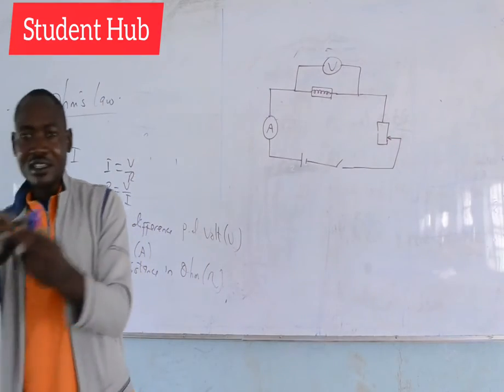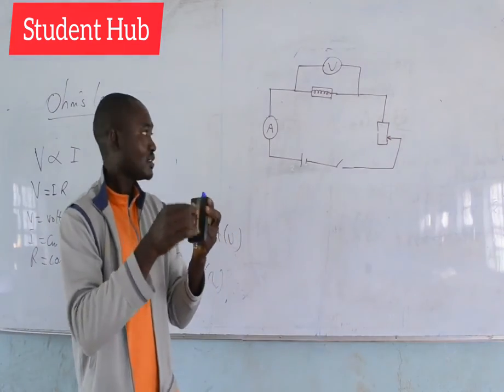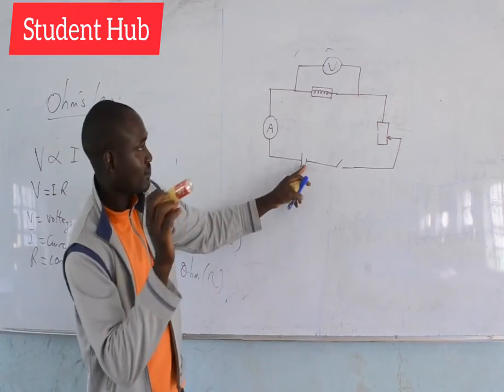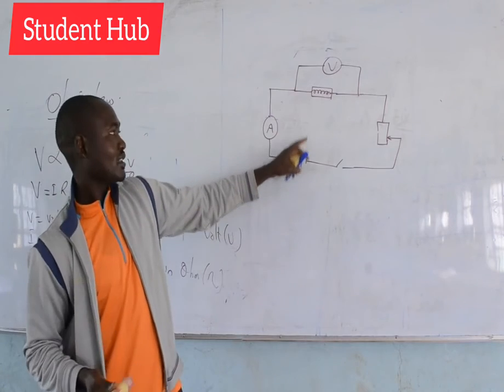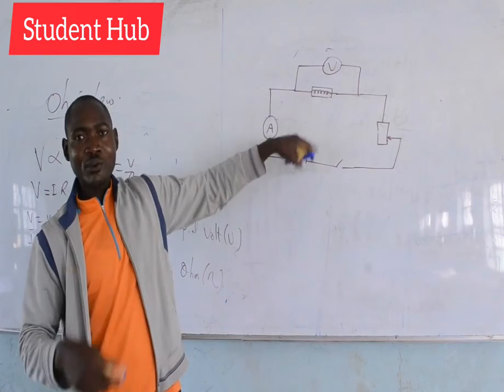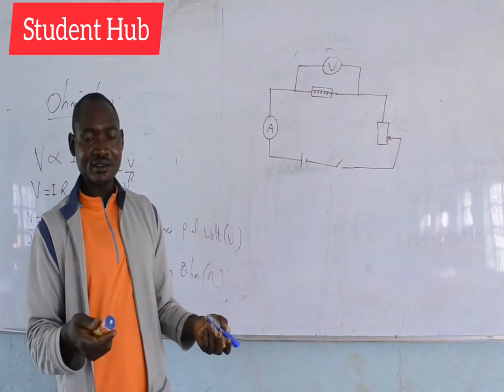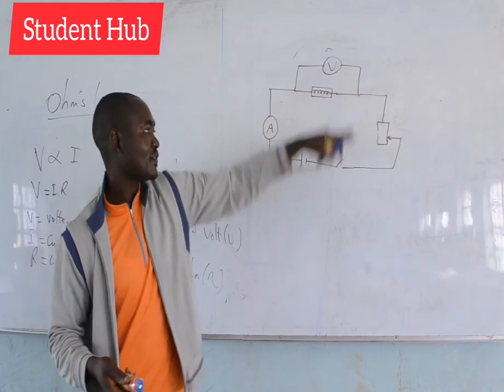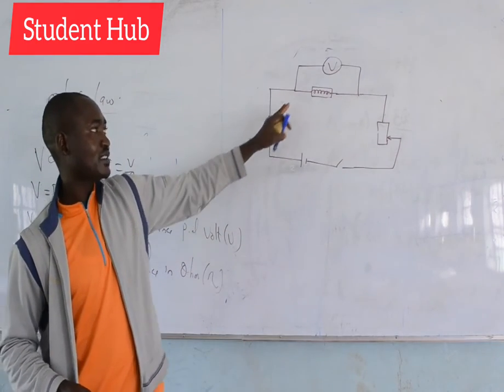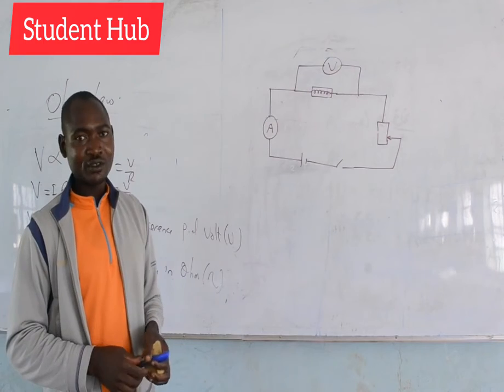Then a key with a key plug, this one. A cell, that is the battery, this one. Then this is a Constantan wire, a wire that has a resistance. So this now gives us a complete circuit which verifies Ohm's law.